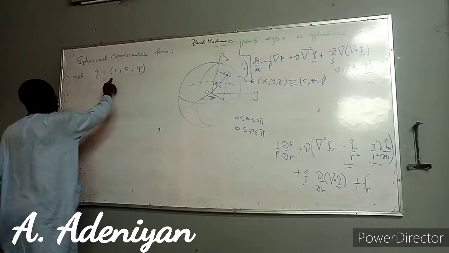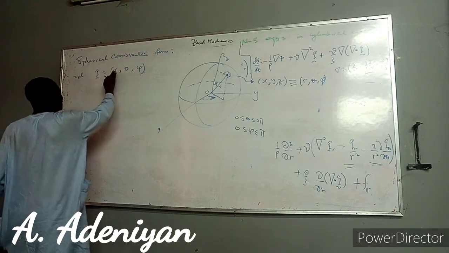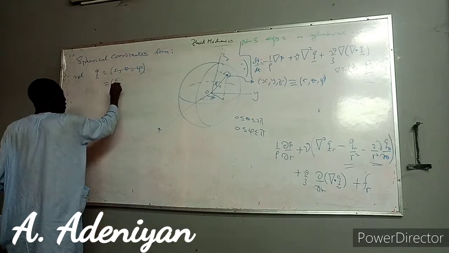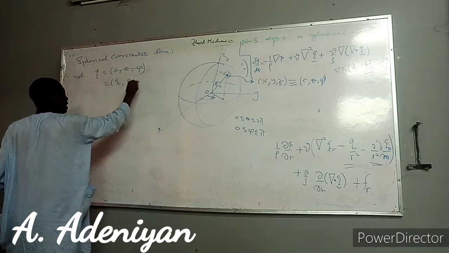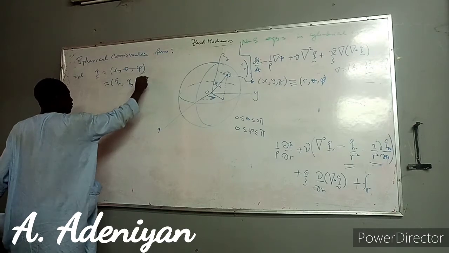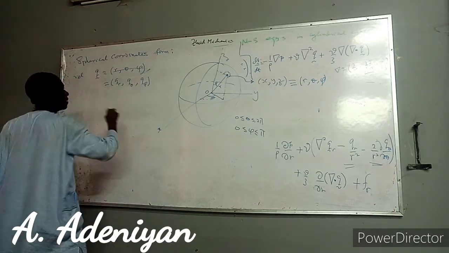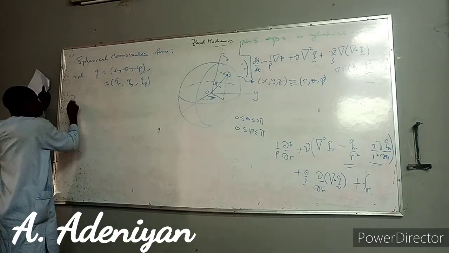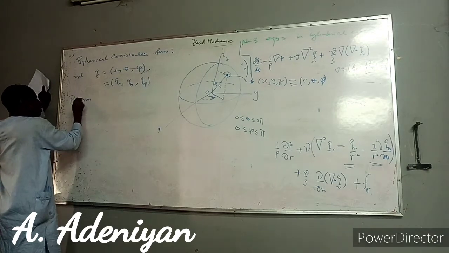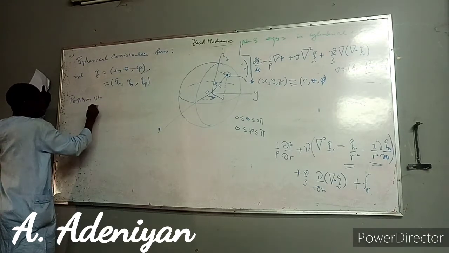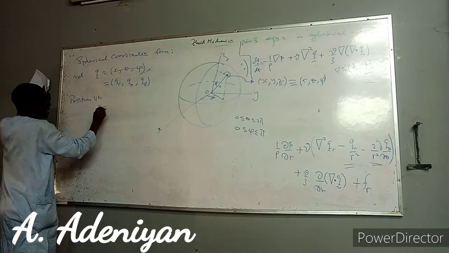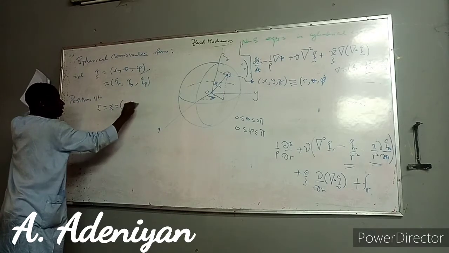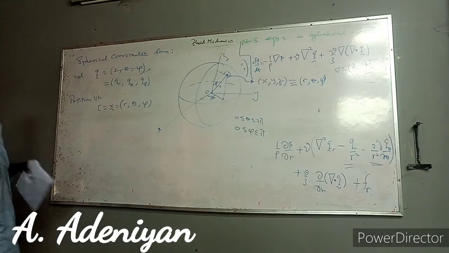Velocity is the component of velocity along r, along theta, and along phi. Don't forget. The position vector, if I write it as r, or some people may write it as L vector, represents r, theta, phi in terms of components along that.